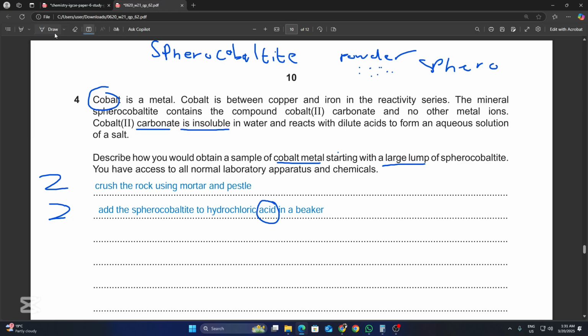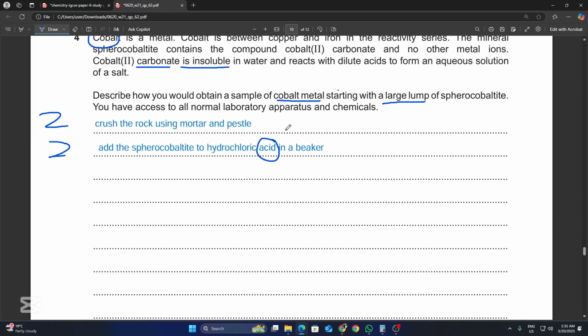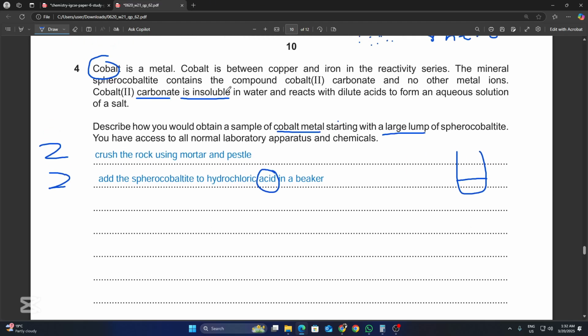Now we have the solution of the cobalt carbonate, which is the compound present inside the sphero-cobaltite ore. It reacted with hydrochloric acid, so that will give you cobalt chloride.